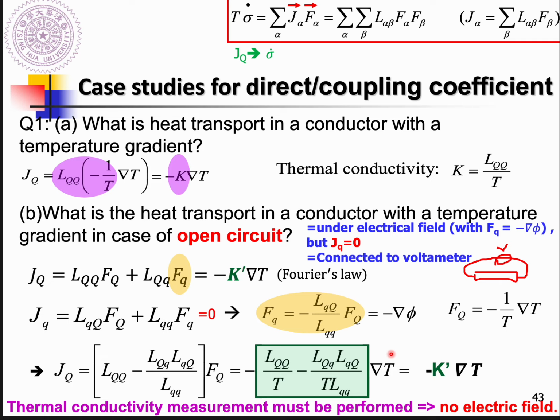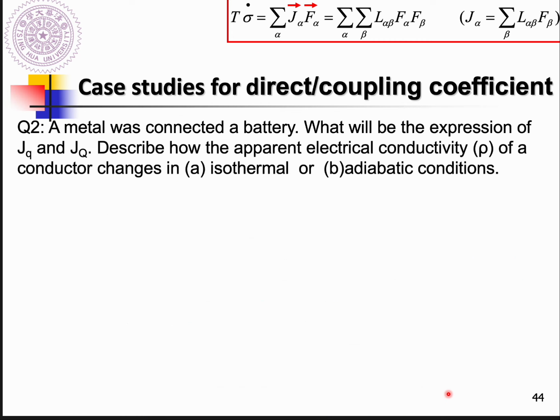So in that case, there are still two driving forces coexisting in your system, right? So the kappa prime you measure actually is not the real thermal conductivity of your materials. The same idea. Okay. So next, we are going to move to the other example.